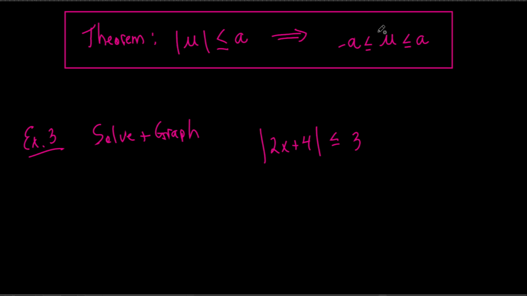It tells us to take the thing that's in the absolute value, which is 2x plus 4, stick it in between -3 and +3. So we're going to put the 2x plus 4 in between -3 and +3. So that's the new stuff right there.